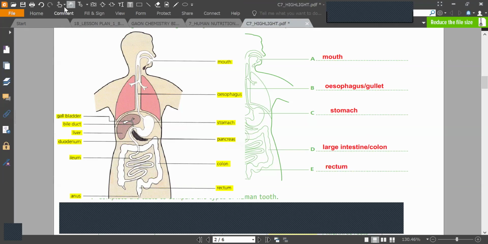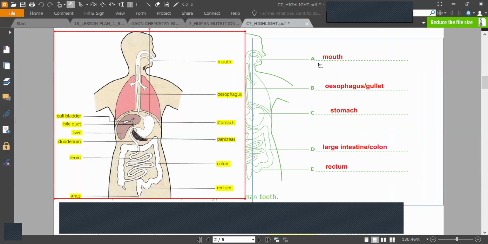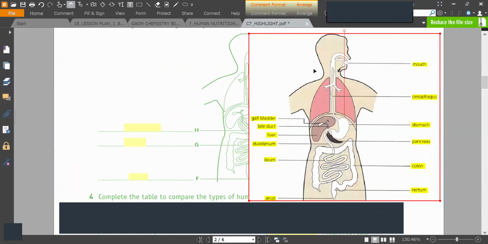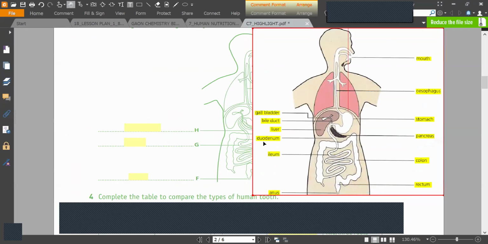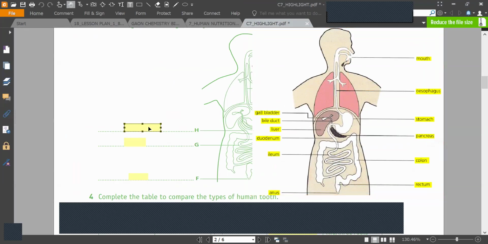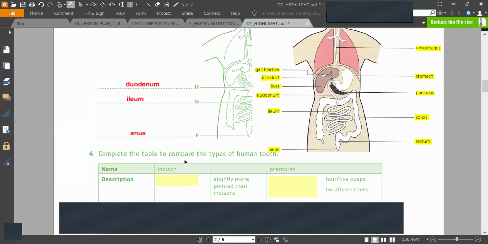Next, H here, we can see where it's pointing. It's pointing at the duodenum. G is pointing at the ileum. And F is the anus. Straightforward.